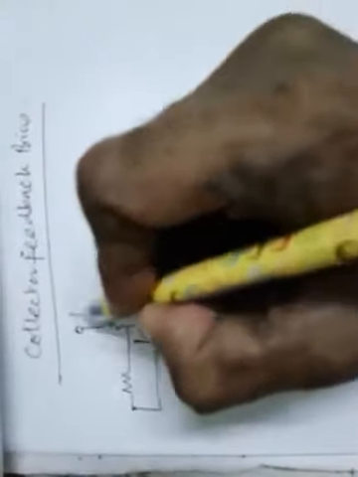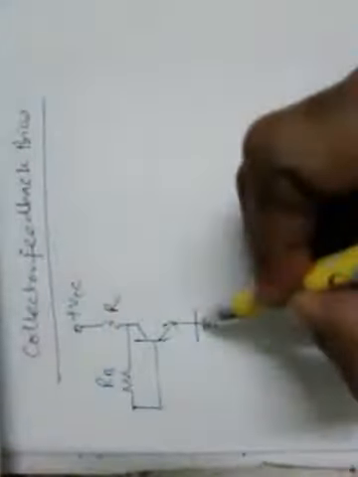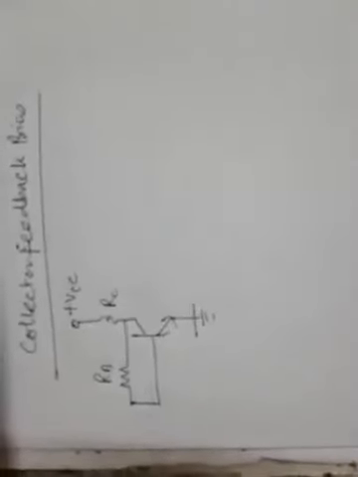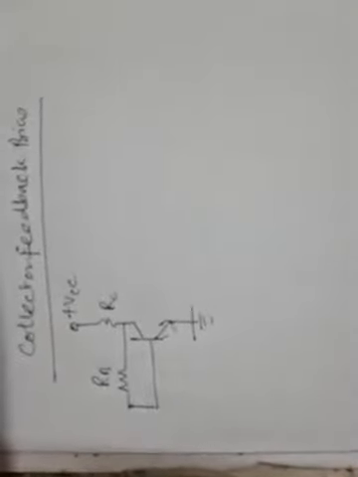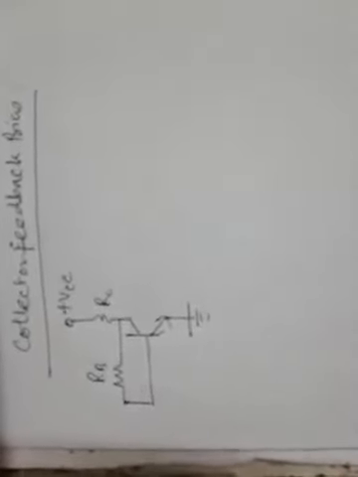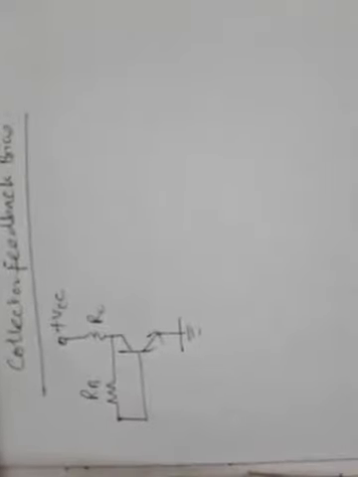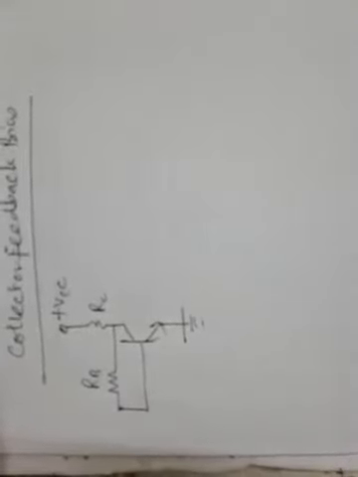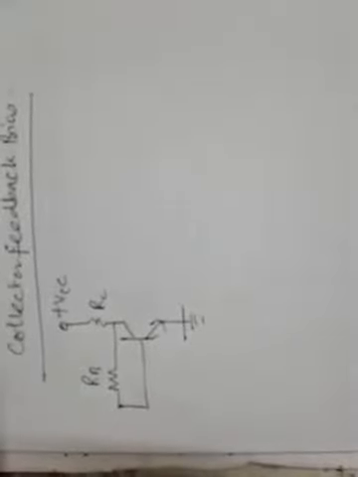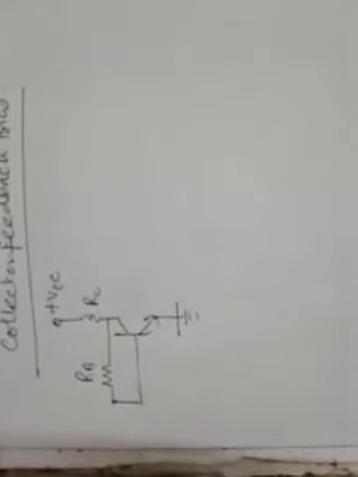This is RC, this is VCC applied over here, this is RB. So this is the collector feedback bias circuit. In some books it is also called self bias, but it is not primarily called a self bias, though you can also call it a self bias circuit, or alternately a collector feedback bias circuit.